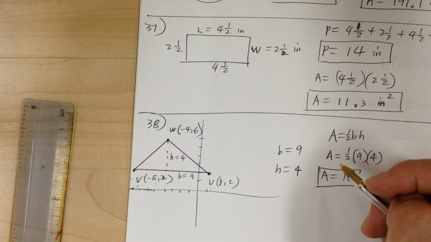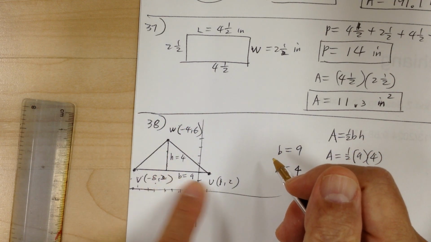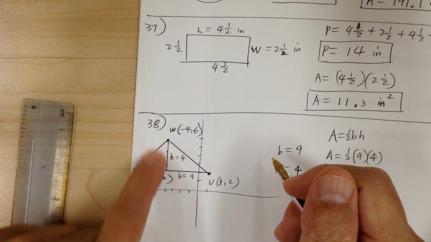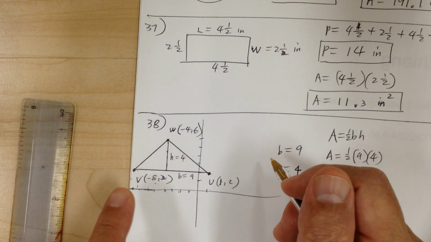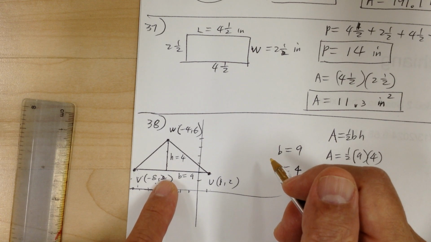Okay. Now, the perimeter is a bit harder. So you have to use the Pythagorean theorem. From here to here, you can break these down, right? Again, it's much easier if you use graph paper.